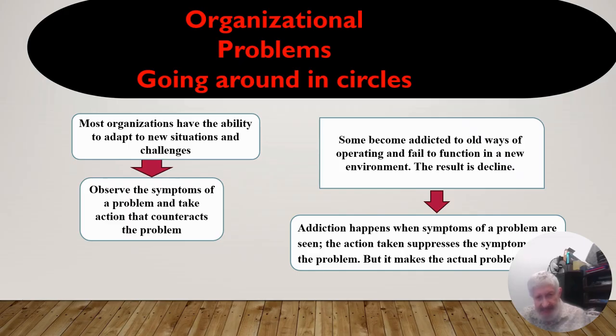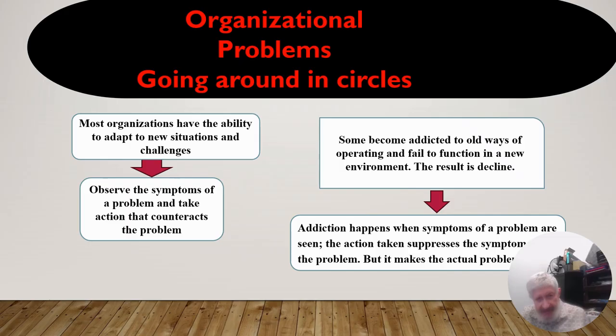And in systems thinking, we see that there's a reliance on a quick fix. That's the addictive behavior, which replaces addressing an underlying problem. And over time, what happens? The addiction becomes the central issue.